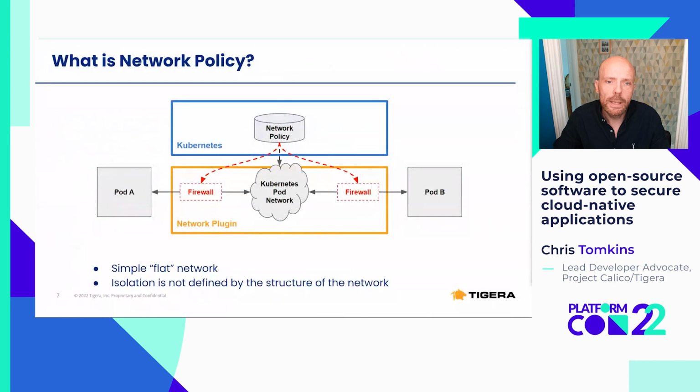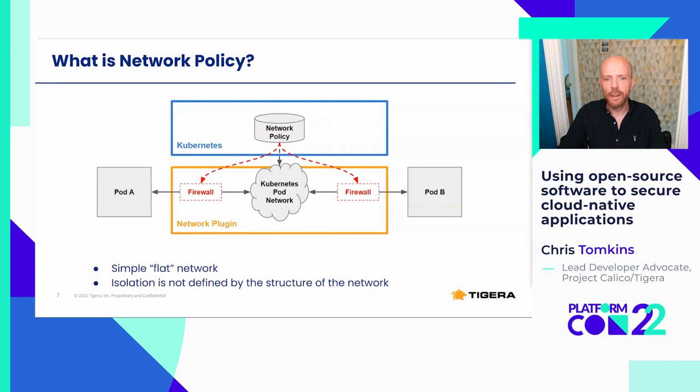So I've mentioned network policy a couple of times. What is network policy? Well, first of all, Kubernetes network policy. We mentioned how Kubernetes defines a simple flat network, but that flat network doesn't imply any kind of isolation. What Kubernetes does is it has a construct called a network policy, and it relies on the CNI to take those rules and to translate them into the networking environment for the Kubernetes cluster in whatever way is most appropriate that the CNI deems fit.